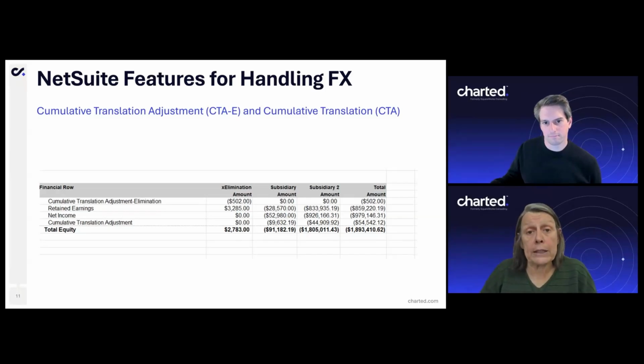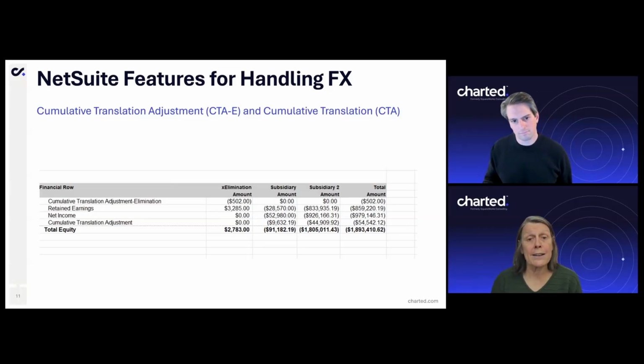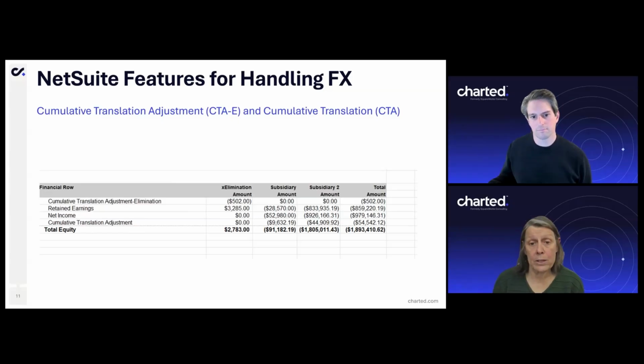Posting directly to the CTA account is a very bad idea because it will cause the system to yield unexpected results when it tries to calculate CTA. So remember that easy balance sheet that I talked about, the side-by-side balance sheet?